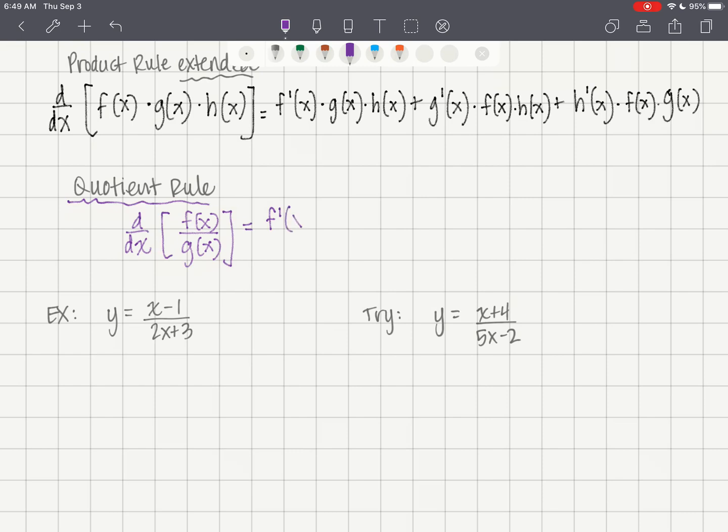The derivative of the top, or the numerator, I'll usually say the top and the bottom, the derivative of the numerator times the denominator minus the derivative of the denominator times the numerator. So this is a minus, and then that's all over the denominator squared.